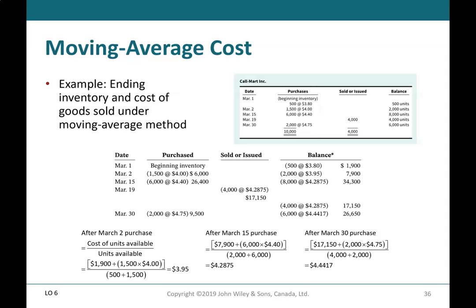That's your 34,300, your 7,900, and your 1,900. You divide that by the number of units you have in your beginning inventory and your purchases before the sale. That's the 500, 2,000, and 800. That gives you a weighted average, or moving average, amount of 3.95.